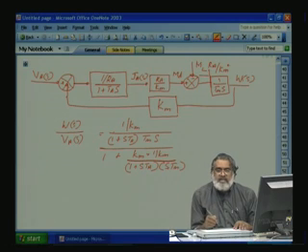See, all this exercise is to represent this transfer function in time constant form, that is 1 plus STA into 1 plus STB. So, time constant form we have to do it.